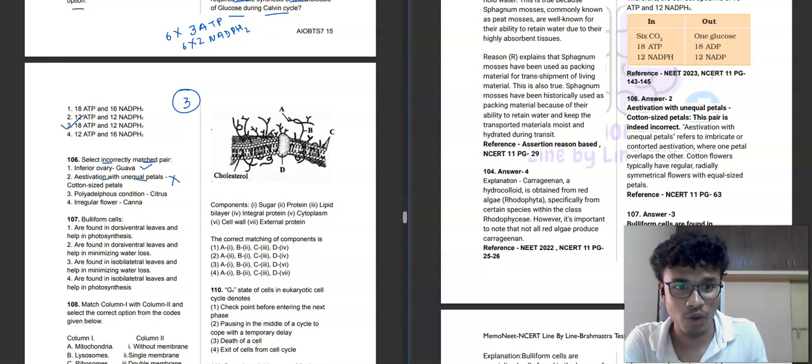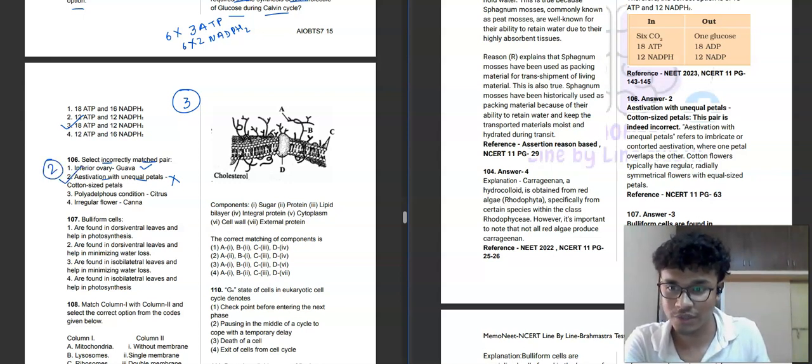Aestivation with unequal petals refers to imbricate or contorted aestivation, where one petal overlaps another. In cotton flowers, typically they have regular, radially symmetrical flowers with equal petals. That's why the second is the incorrectly matched pair, and it is our correct option.